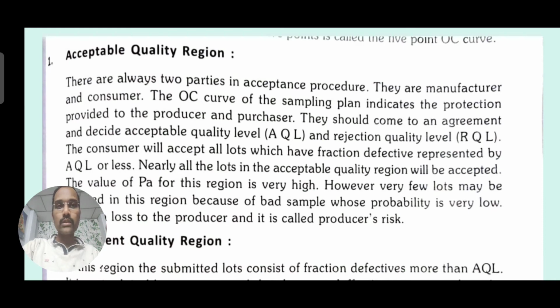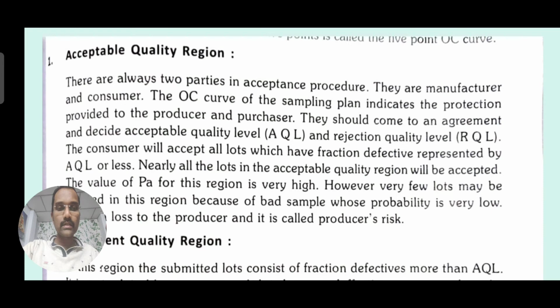They decide the acceptable quality level and the rejection quality level. Both should be decided by the purchaser and by the producer. The consumer will accept all lots which have fraction defectives represented by the acceptable quality level.